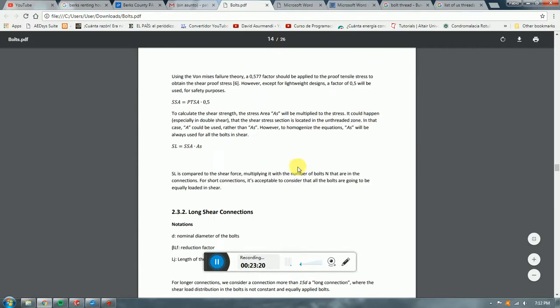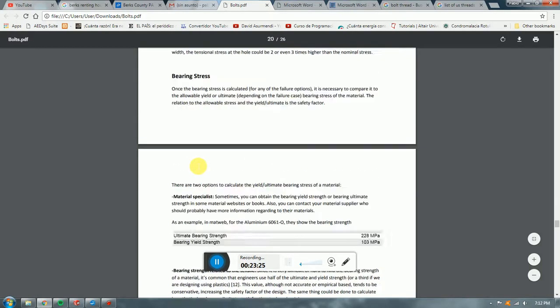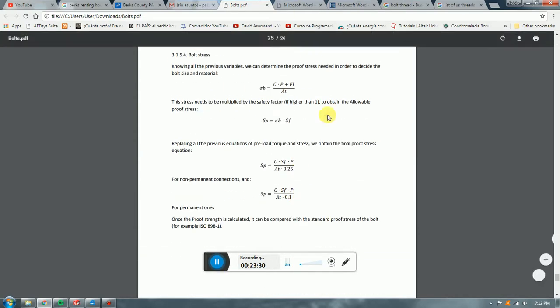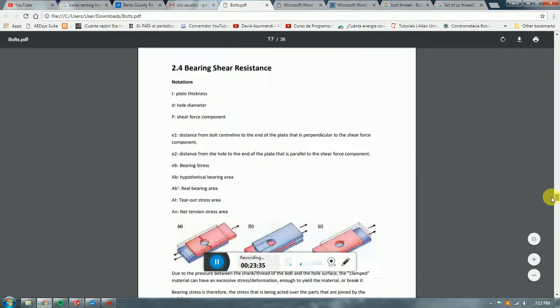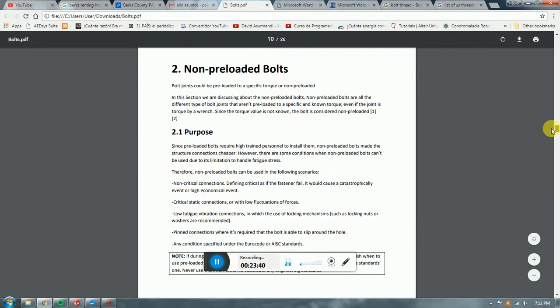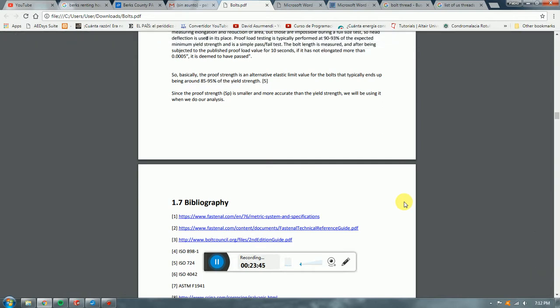Basically, we're going to start talking about the non-preloaded bolts and preloaded bolts, which are the two types of bolting connections that we're going to have for a bolt. And then in the next unit, we're going to talk about how we determine the force that is going to be applied in the bolt.